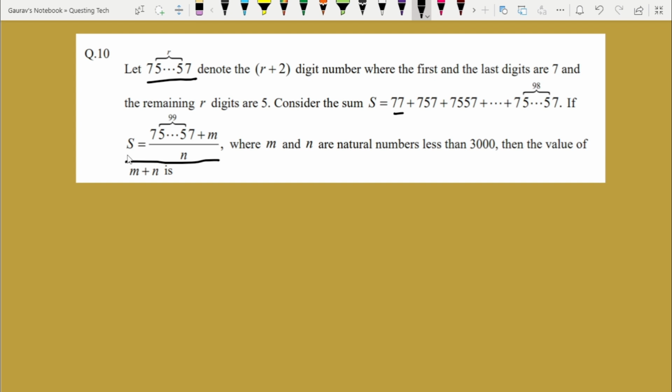Like, as an example, suppose a number consists of only ones.